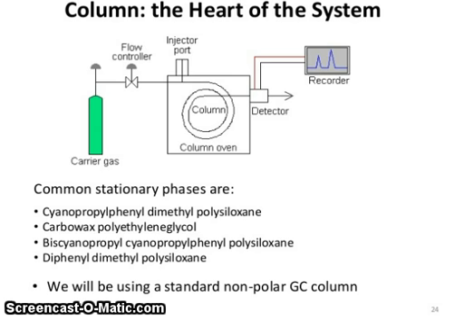Now, the heart of the system. You see the carrier gas, flow control, injection port, column oven, detector. Commonly used stationary phases are cyanopropyl phenyl dimethyl polysiloxanes, carboxylic polyethylene glycol, bis cyanopropyl phenyl polysiloxanes, diphenyl dimethyl polysiloxanes.